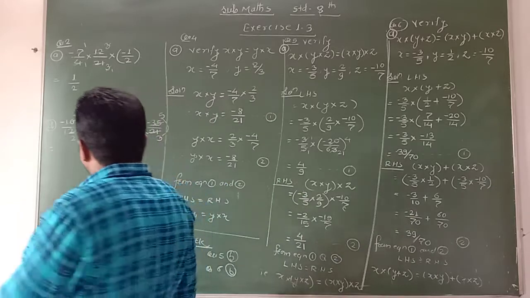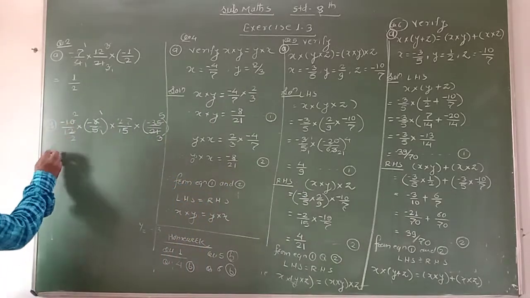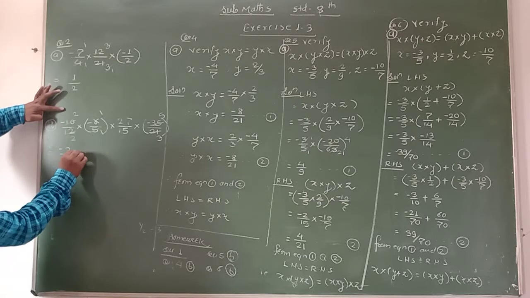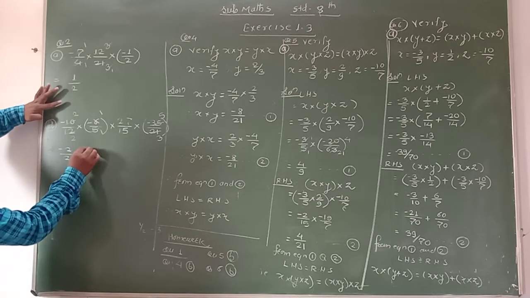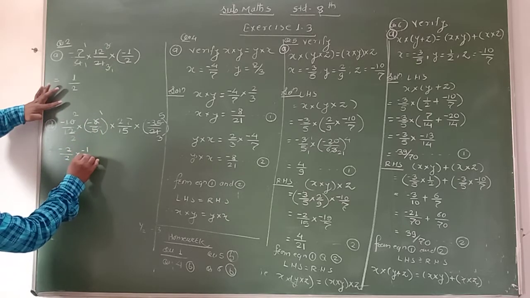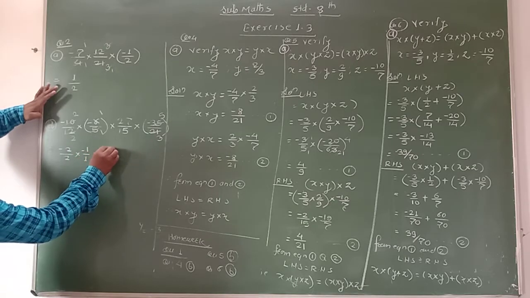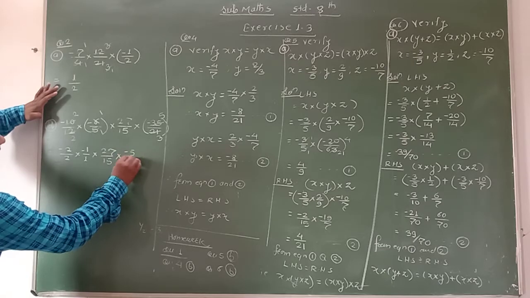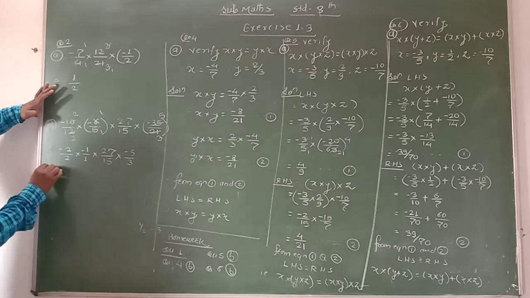Then in the next step we write the numbers as they are. What is remaining here? Minus 2 upon 2 into minus 1 upon 1 into 27 upon 15 into minus 5 upon 3. Write with their signs, okay?